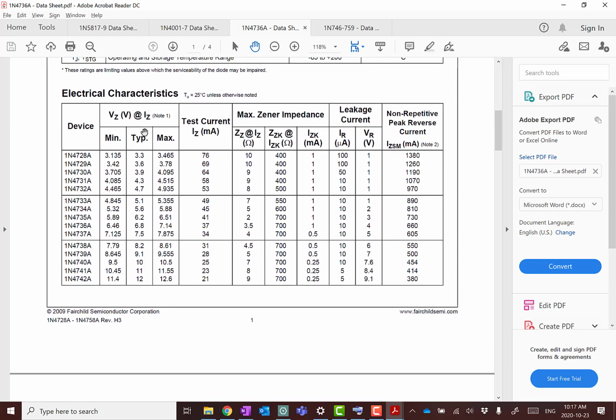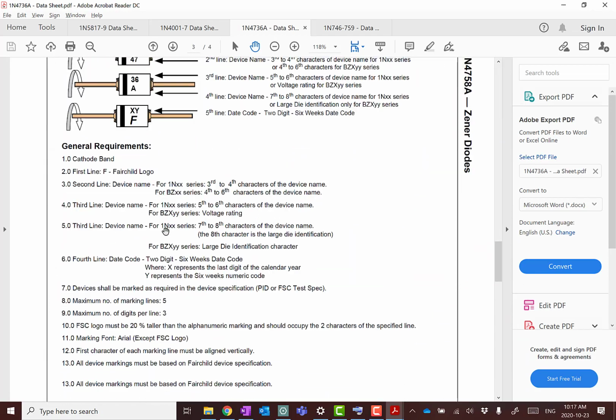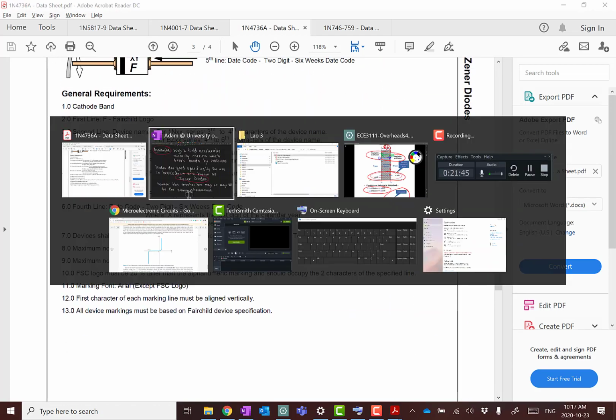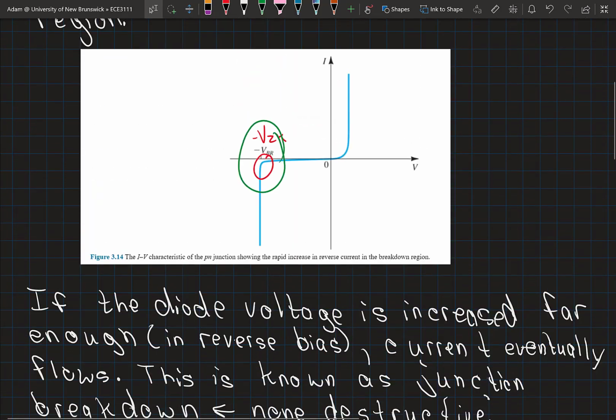Now this is at a specific current, so at this particular current there is some variation in exactly where it breaks down, because, well, if we go back and look at the curve here, this is a rounded edge, so it's going to be dependent on current where we fall in terms of reverse breakdown voltage.